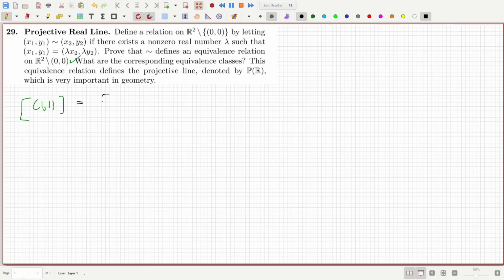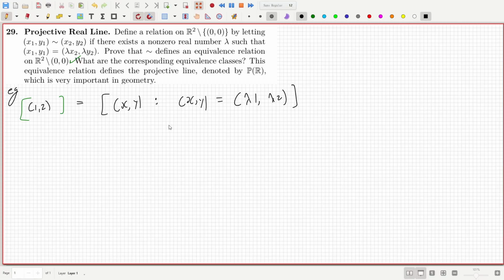That would be all the points (x, y) where (x, y) is equal to (λ1, λ2).